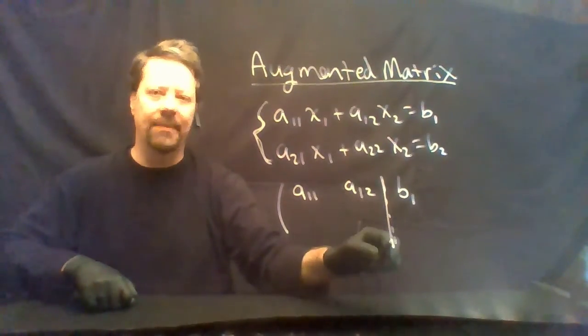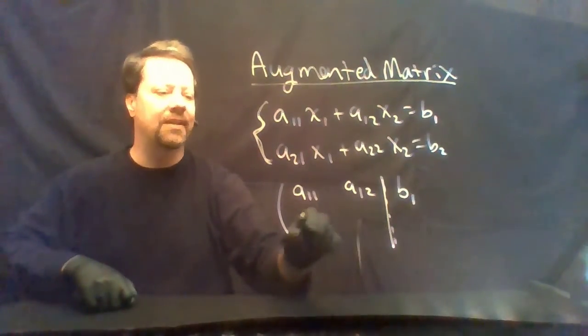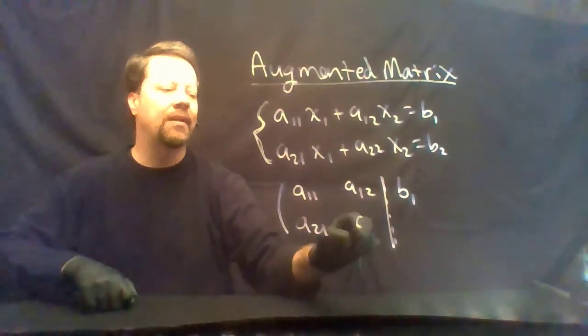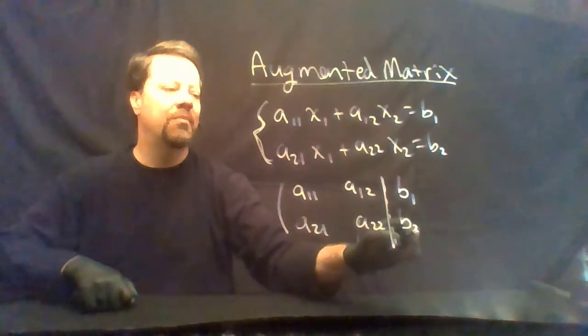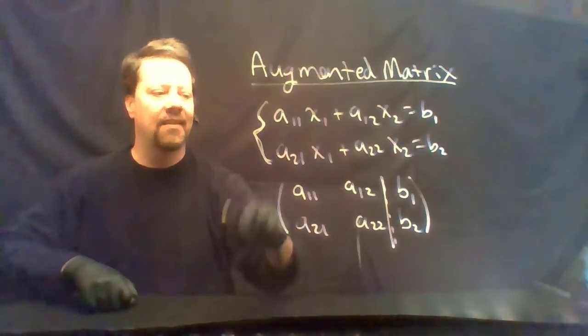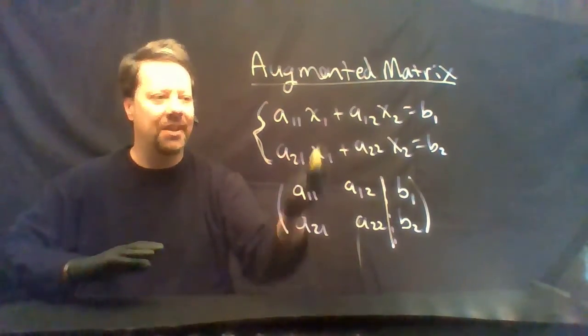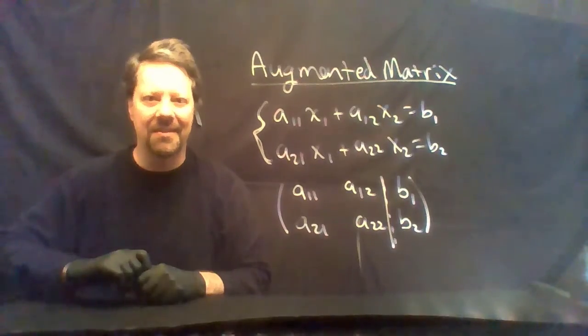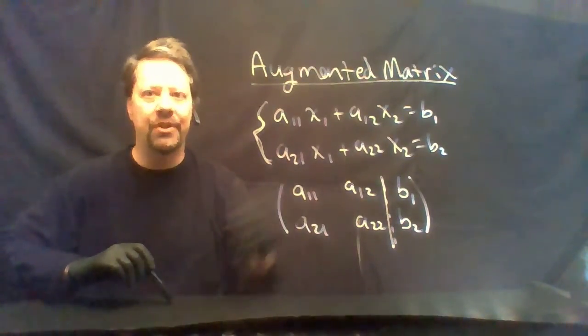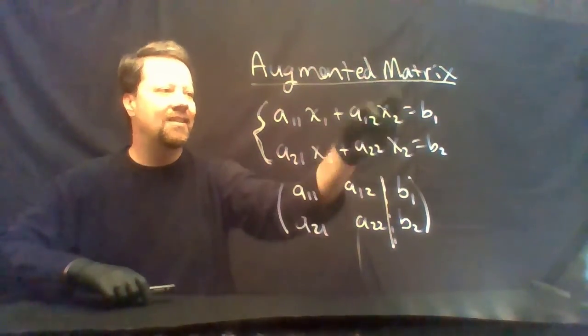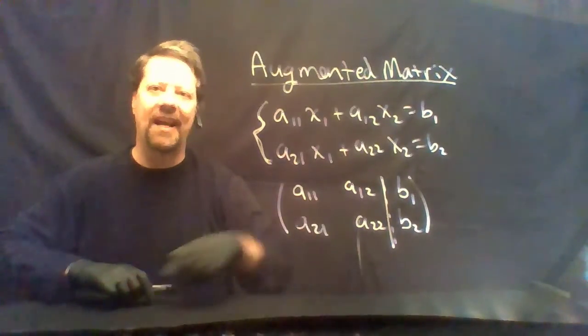This is the augmentation that we're making to the matrix. A21, A22, B2. And I give you the augmented matrix associated with a linear system of equations. All you do is don't write the variables. Instead of the equal signs, you put a vertical slash.